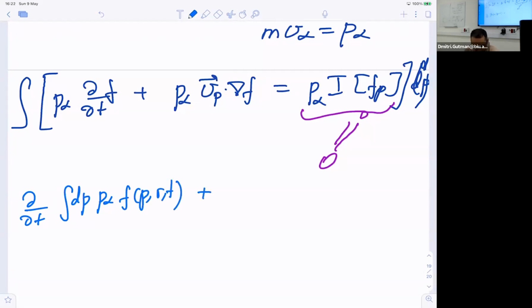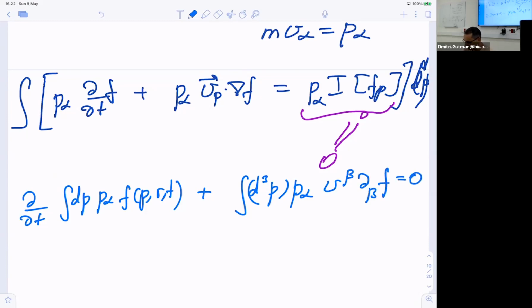d over dt integral over dp p alpha f of p, r and t, plus the integral over d3p p alpha v beta d beta f with all components is equal to 0.